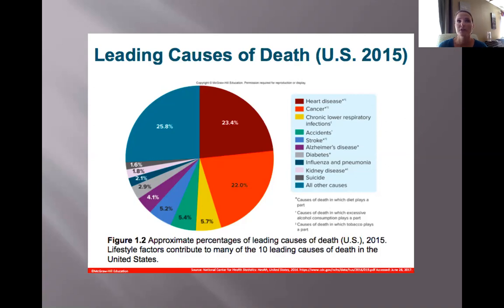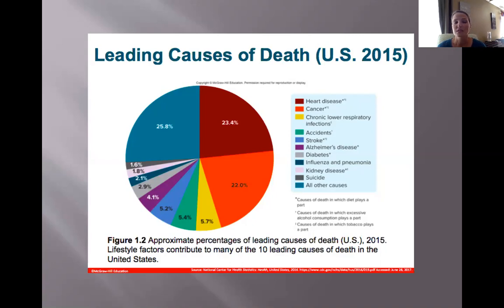We do know that if we eat properly, we can help reduce the risk of those complications. When we're thinking about what causes a heart attack or a stroke, that would be hypertension, having clogged arteries, or high cholesterol, that leads to those diseases. So if we're eating healthy and exercising, that can help reduce those risks.